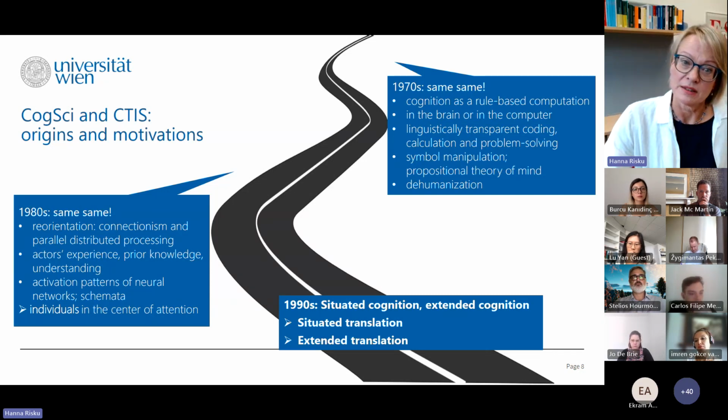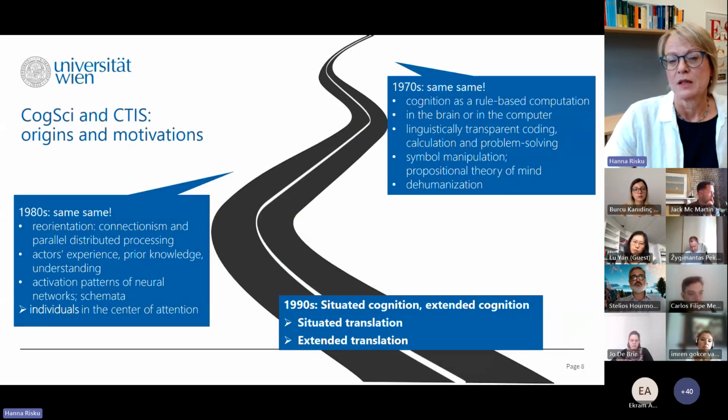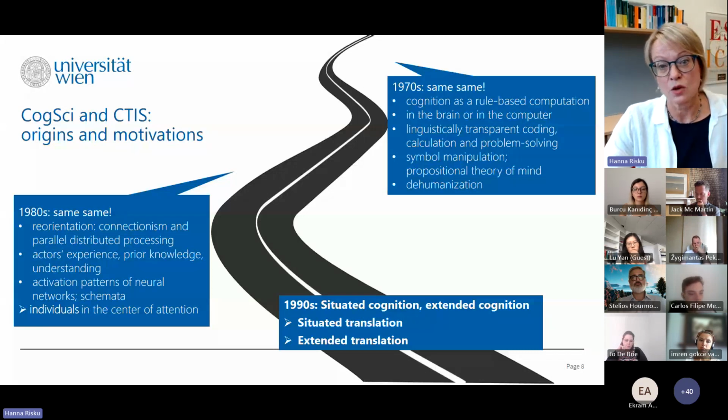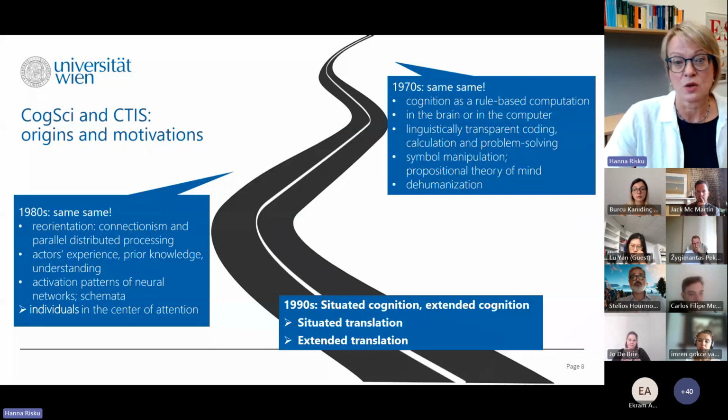And a parallel development was initially also seen in cognitive science. New approaches that emerged in the 1980s saw experience-based learning as at the heart of cognition and intelligence. And that made cognition dependent on the individual perceptions, prior knowledge, experience, learning paths, and so on, and also in that way on the person doing the thinking.